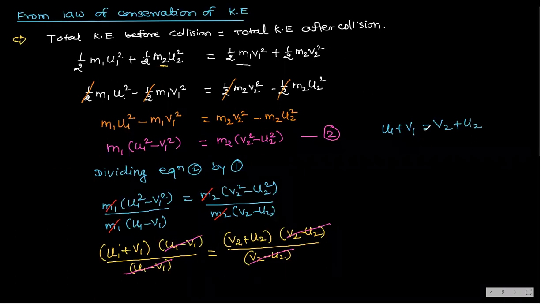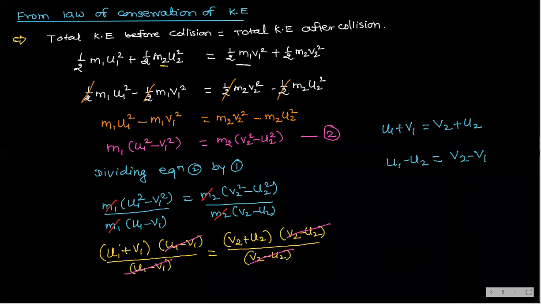Agree? Now if I take u terms to one side, u1 minus u2 is equal to v2 minus v1.